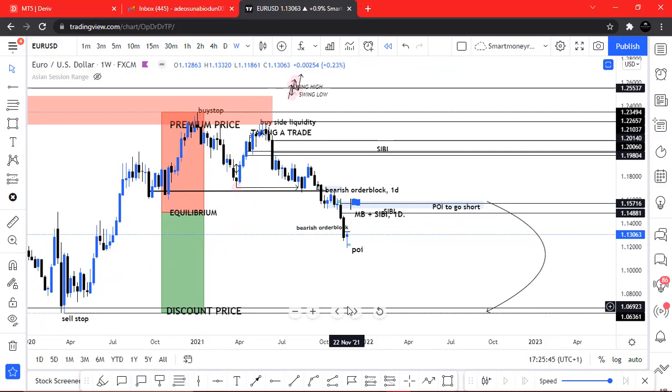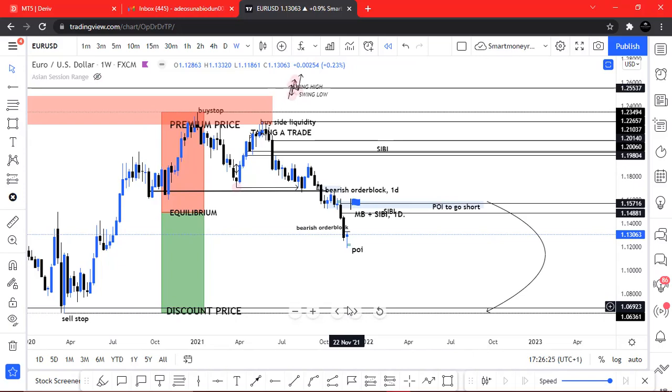That must be one of the things you consider when you're carrying out your top-down analysis. A lot of people when they're doing their top-down only focus on liquidity pools and PD arrays and so on, but they forget to find out which side of the equilibrium price is sitting at, and which side it is going to next.